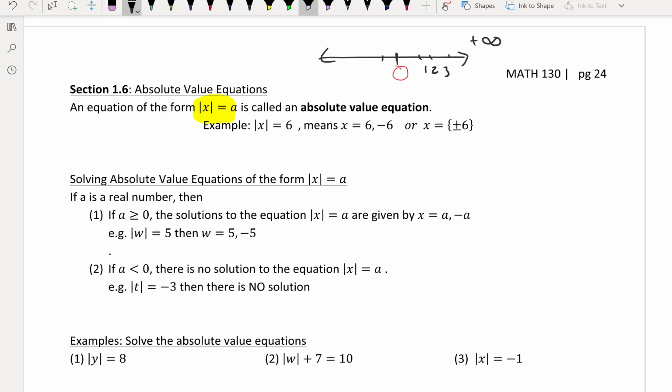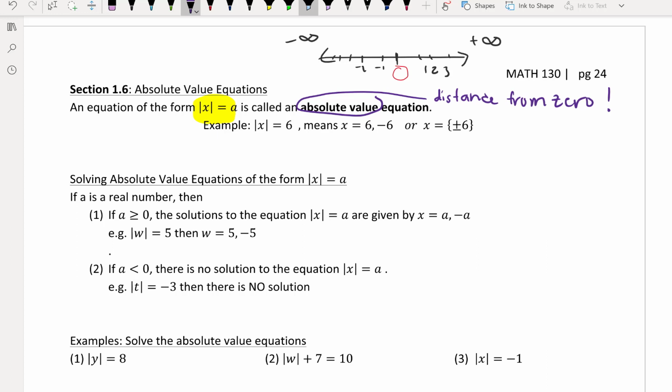And you also have -1, -2, and that keeps going off until you go off to negative infinity. So the absolute value, what this is telling you, is the distance from 0. So on the number line, you want to think about the distance from 0.